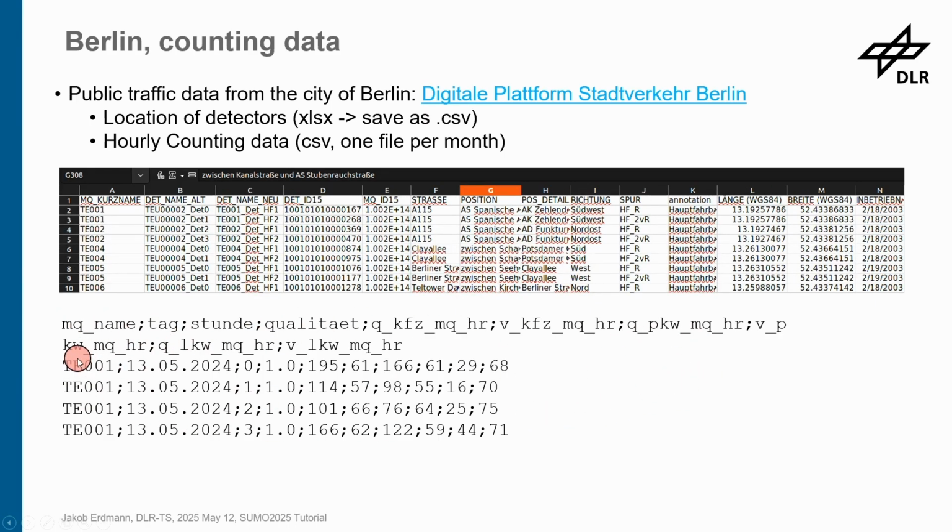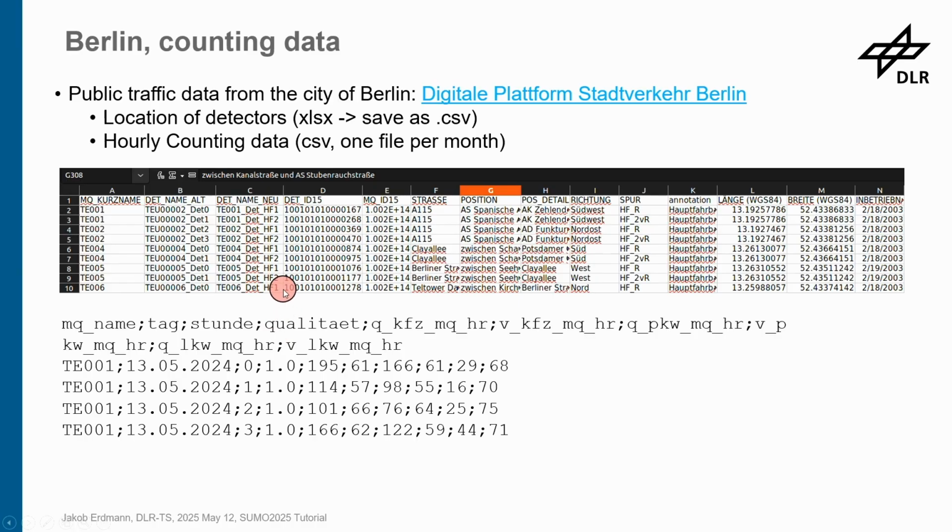It's just a screenshot, obviously, and this is how the hourly counting data looks. So you have the name of the counting location. This could either be a lane location or a cross section, so all the lanes of one direction of road. Then we have the date, of course, and the hour, just a running number between 0 and 23.